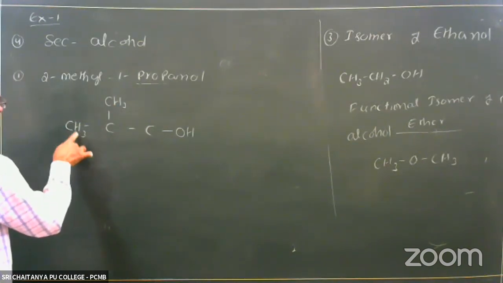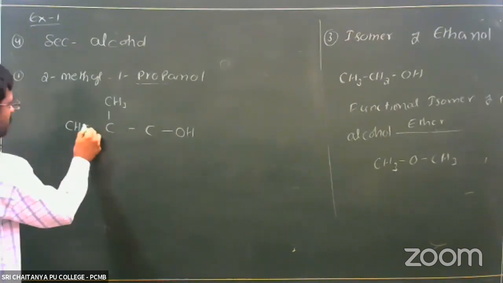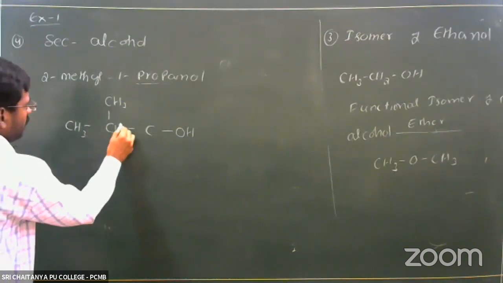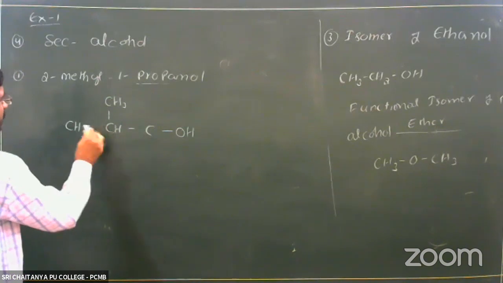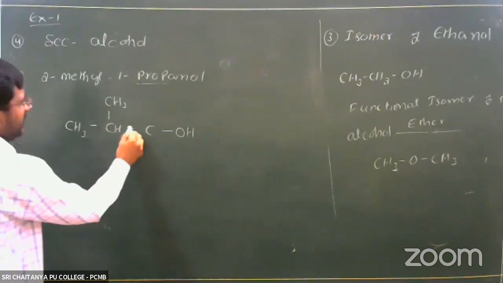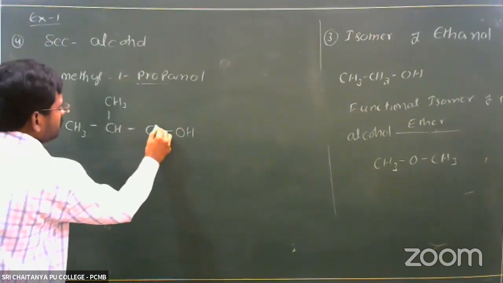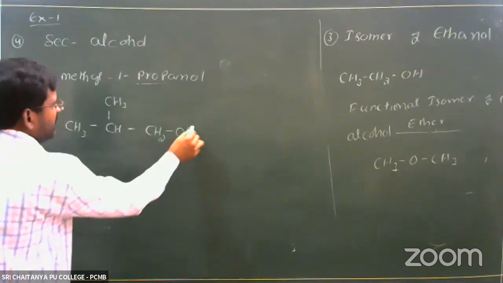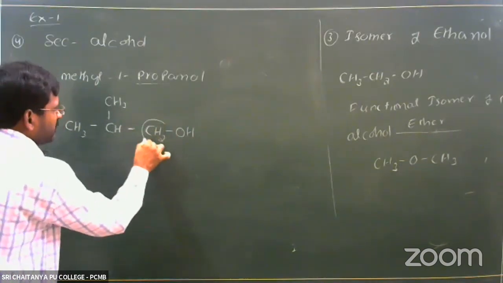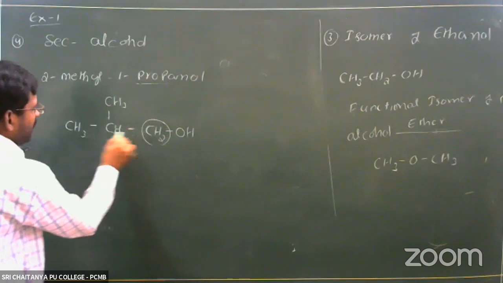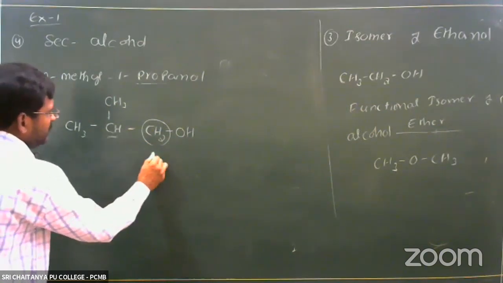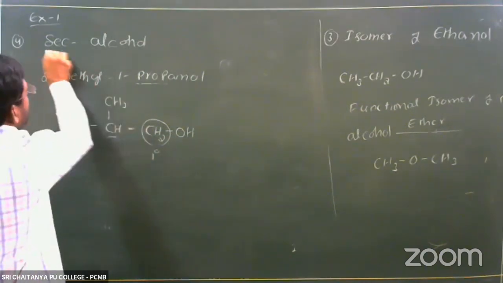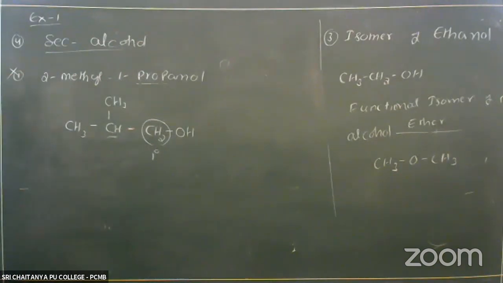This carbon requires 3 hydrogens, this one requires 1 hydrogen to satisfy tetravalency, and this one requires 2 hydrogens. The OH group is attached to a carbon that is attached to only one other carbon, so it is a primary alcohol, not a secondary alcohol. So the first option is wrong.